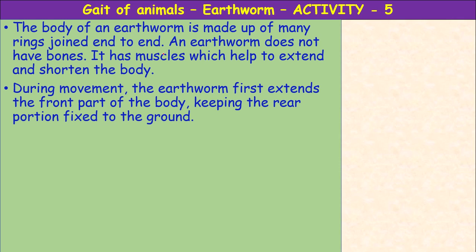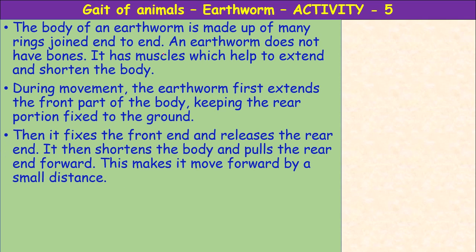So during movement, the earthworm first extends the front part of the body, keeping the rear portion fixed to the ground. Then it fixes the front end and releases the rear end. It then shortens the body and pulls the rear end forward.